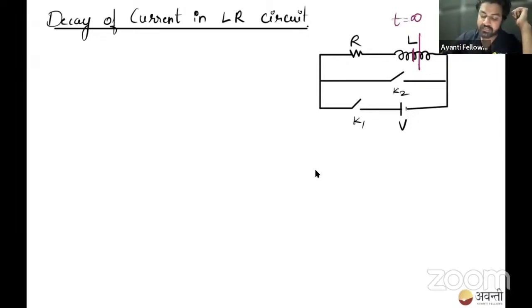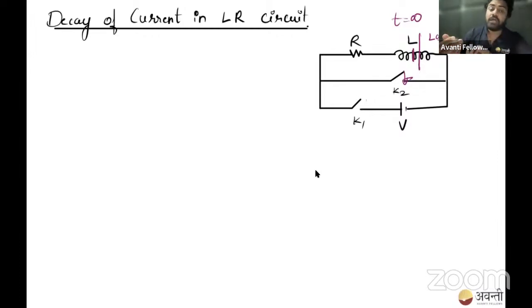This battery will have some EMF, that is L di by dt. Now if you disconnect K1 and connect K2, this inductor will discharge, and when it discharges, the current will flow.